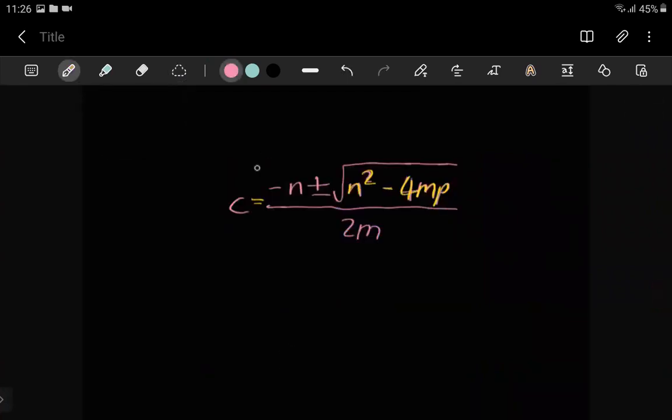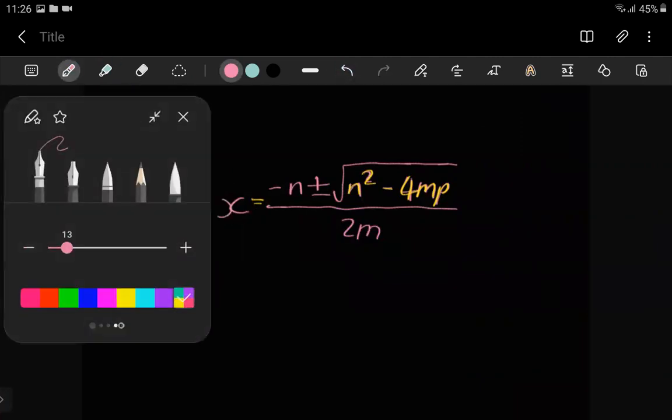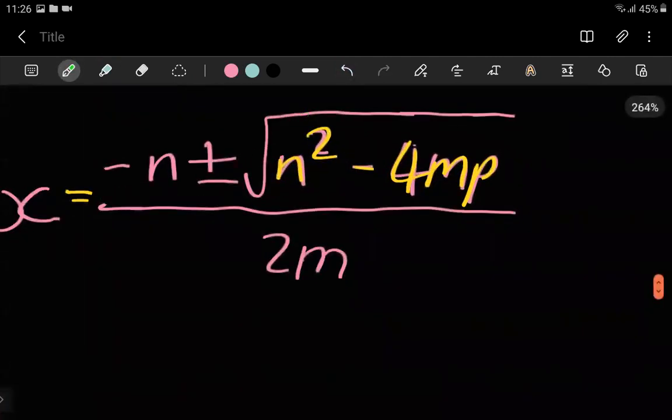The part that's under our square root is this part here: n squared minus 4mp.